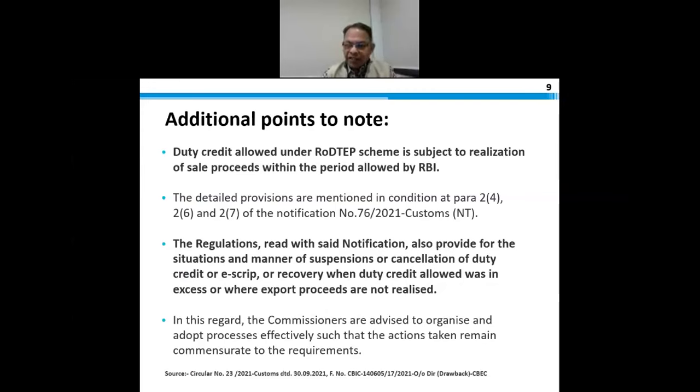The regulations read with the said notification shall provide for situations and manner of suspension or cancellation of duty credit or e-scrip, or recovery when duty credit allowed was in excess or where export proceeds are not realized. Very few people read this, but it has long-term implications.